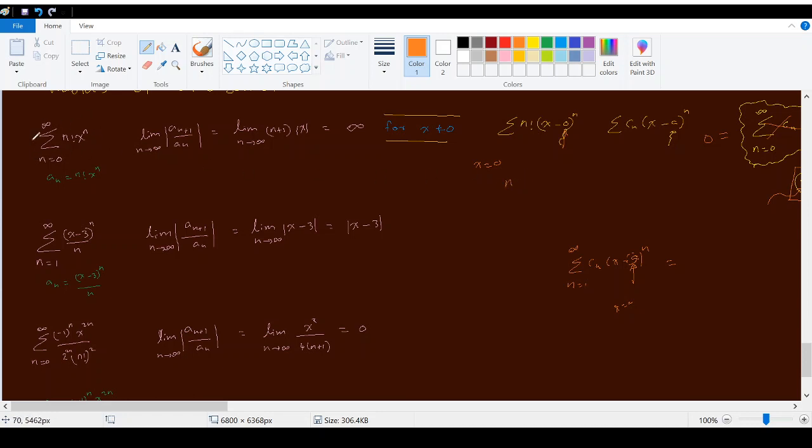Now if we expand this one, for n equals 0, you will get 0 factorial, plus for n equals 1, you will get 1 factorial times x, and after that for each and every term you will get an x term here, right? And when you substitute x equals 0 into this expansion, you will still have this 0 factorial term.